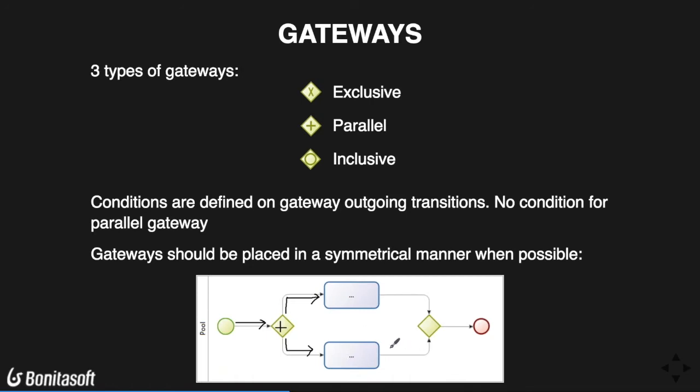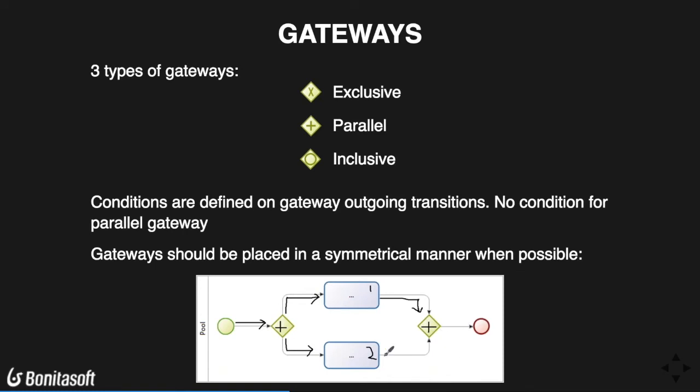So let's say we have task 1 here, and we have task 2 here. Task 1 is executed first. It will come, reach the next gateway, and here we recommend to put another parallel gateway to close the parallel branches. Basically, the parallel gateway will wait for all the inputs before continuing.